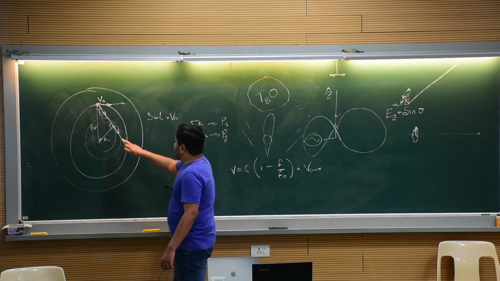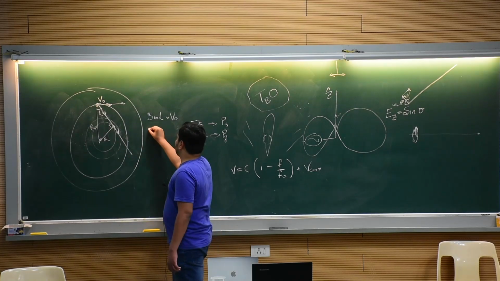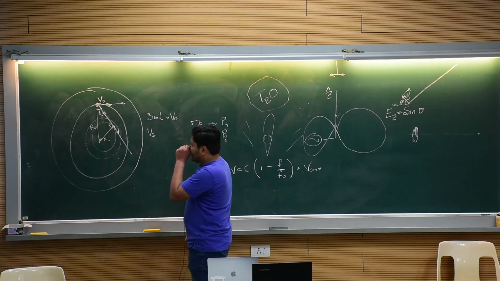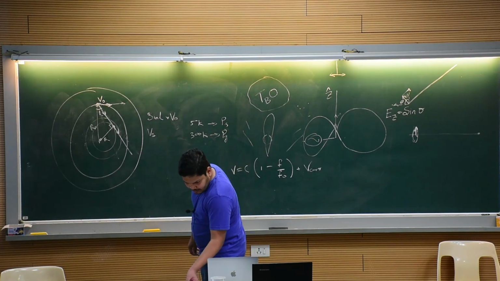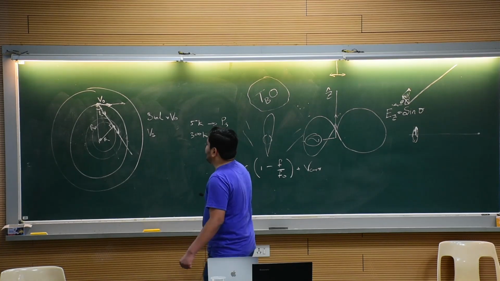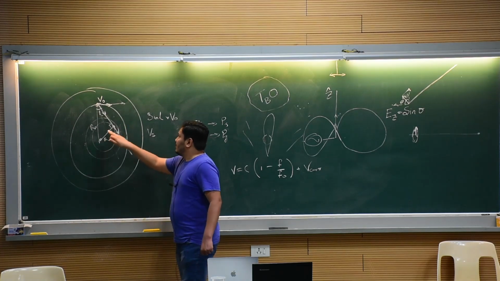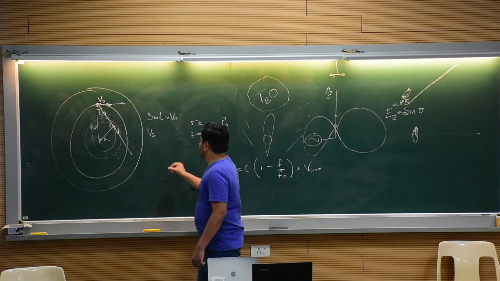And we know this velocity from observation. So that will be, let's say, the source. So to get then the actual velocity, we'll have to subtract this velocity from the observed velocity.